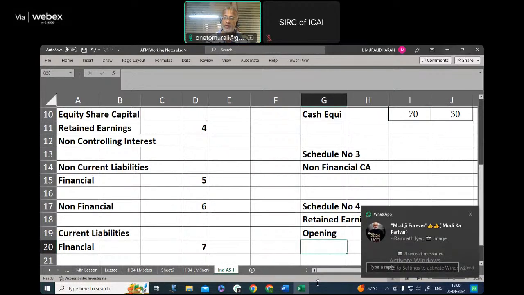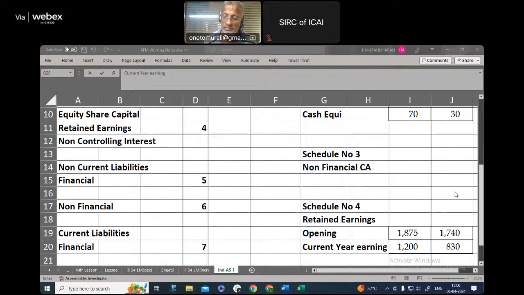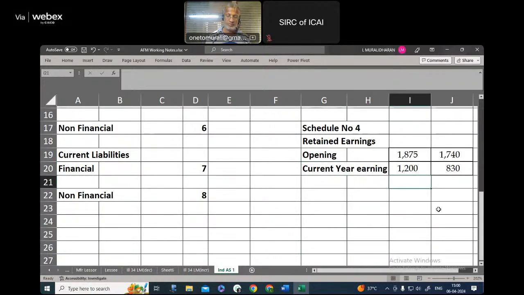Opening, current year earnings. Now let us affect the total. And less non-controlling interest.